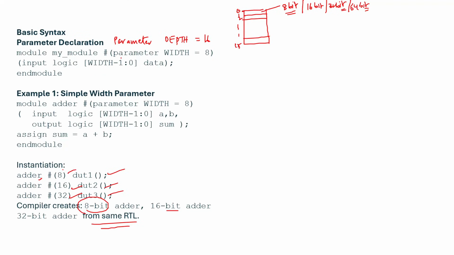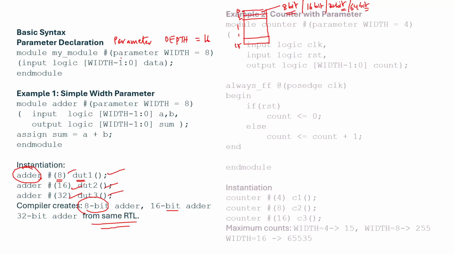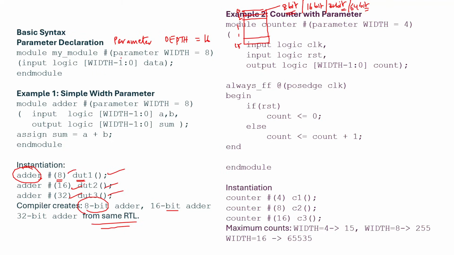So what is the instantiation? Your DUT module name, hash, and then some bit you are mentioning, and then the user defined name DUT1. In this way, I will override my parameters, and then it will be operating for all the parameters.